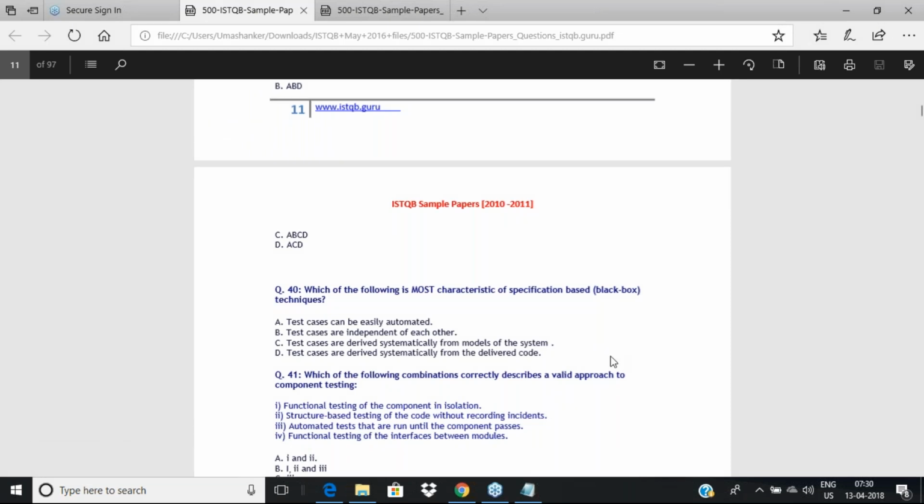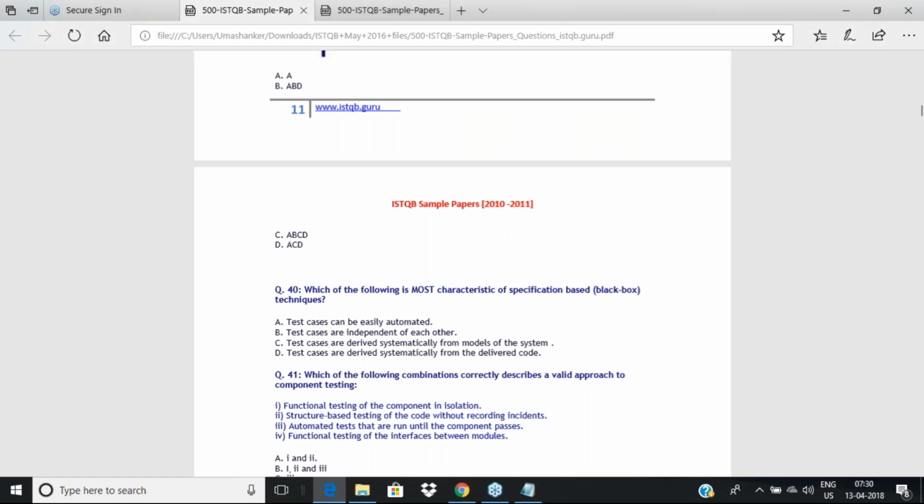What is cyclomatic complexity? You guys remembered what is cyclomatic complexity? The second formula, so simple.